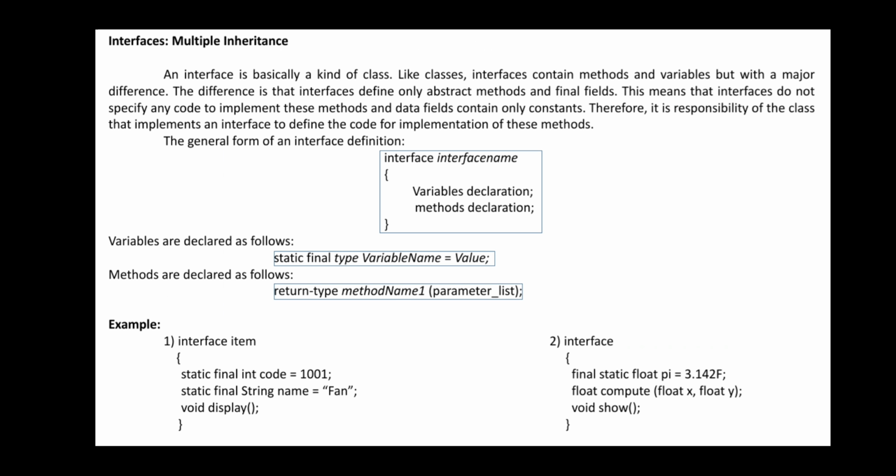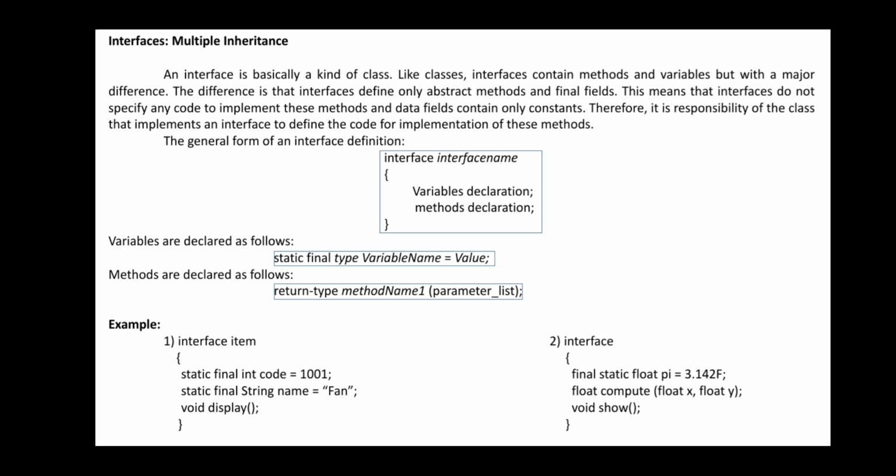Another example: an interface can define area, for a rectangle or triangle, in that way. Final static float pi is equal to 3.142 f, which means you have defined a float value, and you have a float compute(float x, float y), which means you are defining another function with a parameter list.